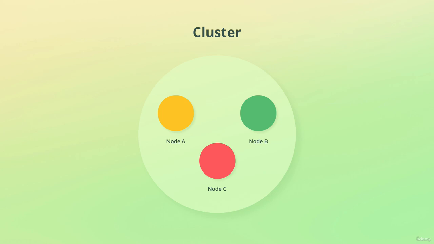But wait a minute. A moment ago, I said that we started up a node, so how do we create a cluster? What actually happened when we started up the node was that a cluster was formed automatically. When a node starts up, it will either join an existing cluster if configured to do so, or it will create its own cluster consisting of just that node.